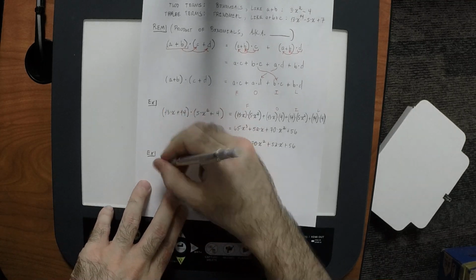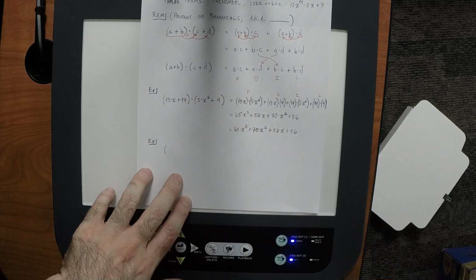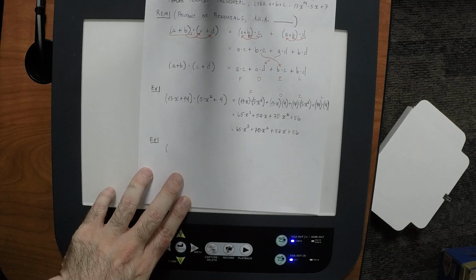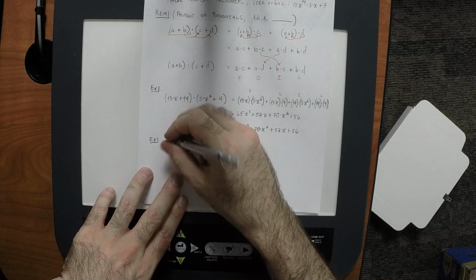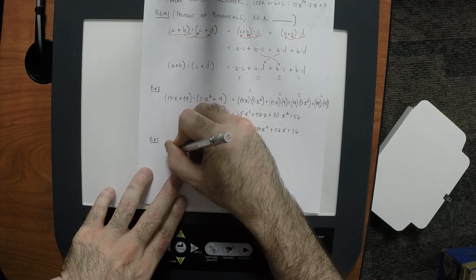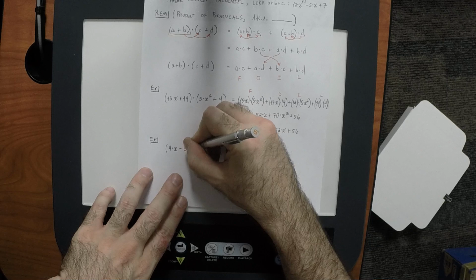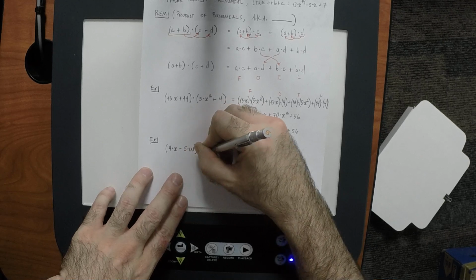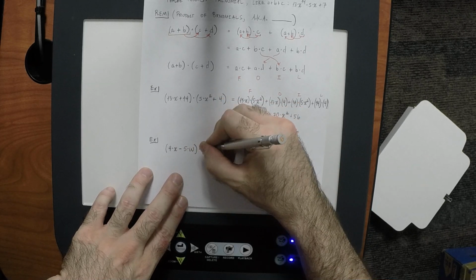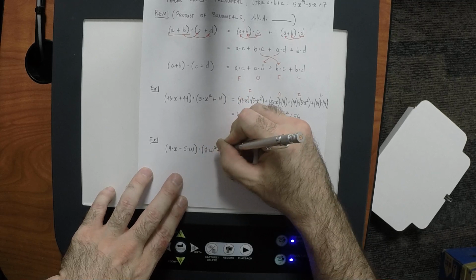Okay, it works just as well with subtractions, and for that matter, if there are more variables. So we could say something like 4x minus 5w, multiplied by 8w squared plus 9.